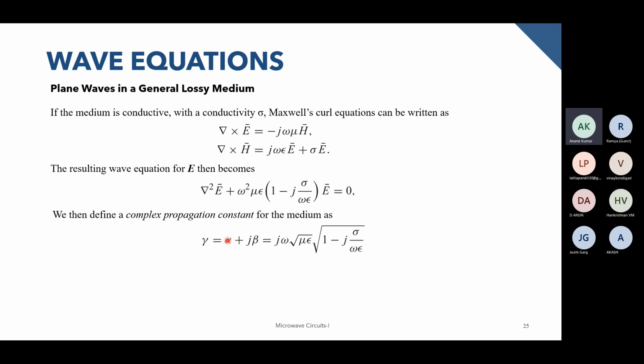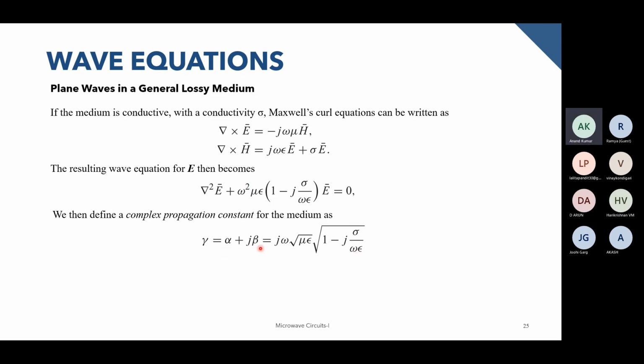We define it as alpha plus j beta, and take the root of this part. So we have j omega root mu epsilon, again root of 1 minus j sigma by omega epsilon.